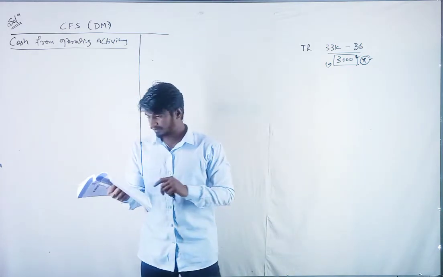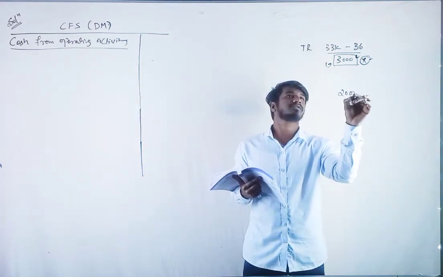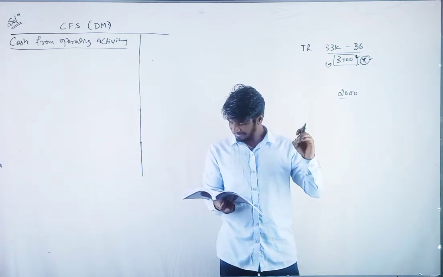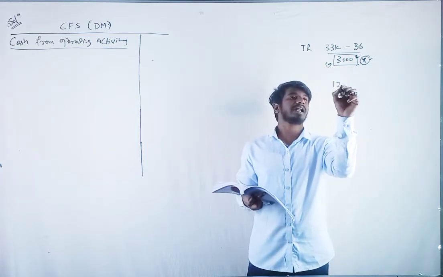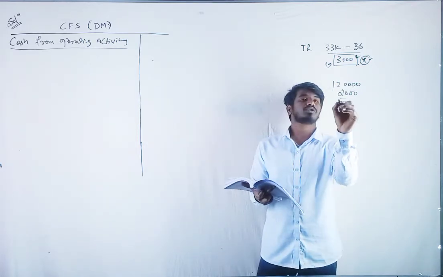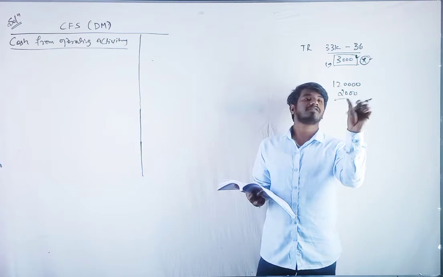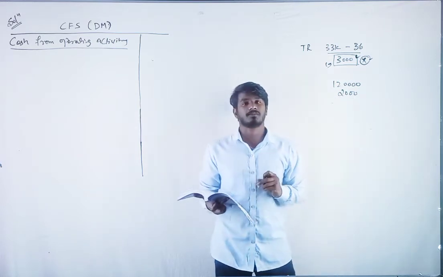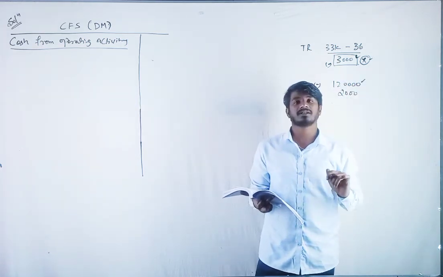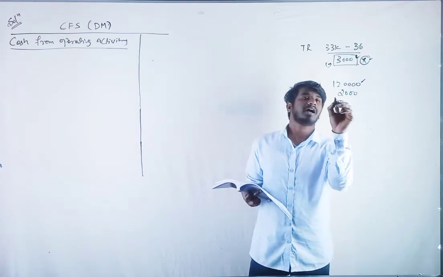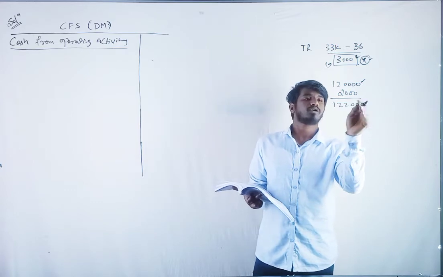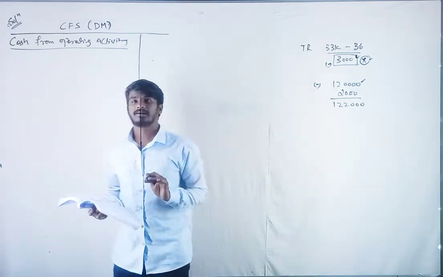Cost of materials consumed, 1,20,000, is also an expense. This 2,000 we have paid, so adding it, it becomes 1,22,000, and we will minus it.